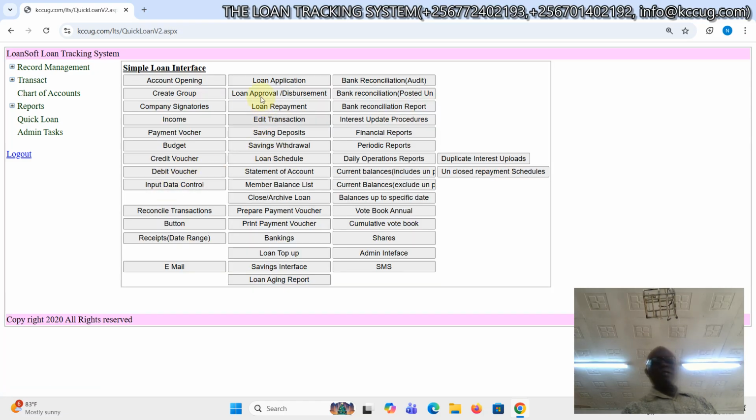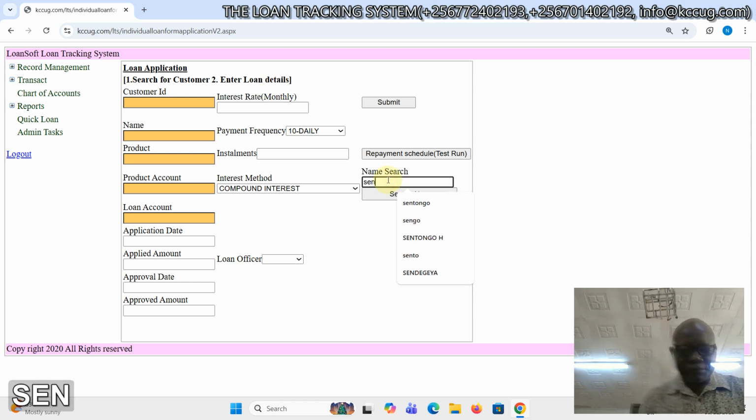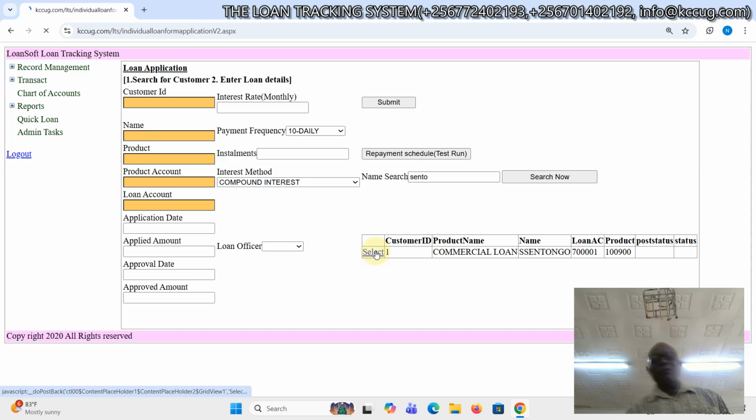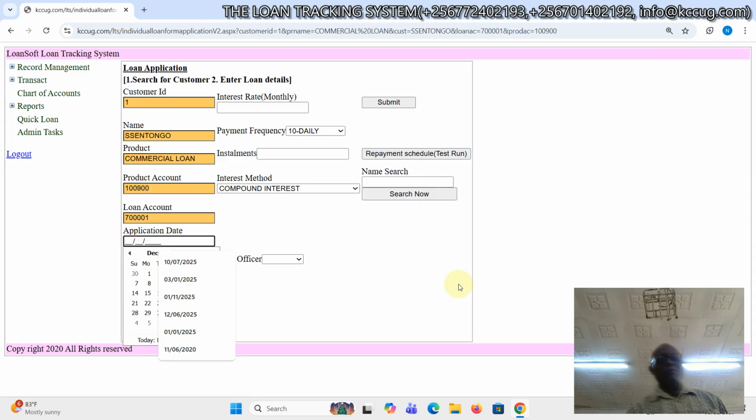If you click there, click on loan application, look for that is our Sentongo. Okay, so we can proceed to do the application.